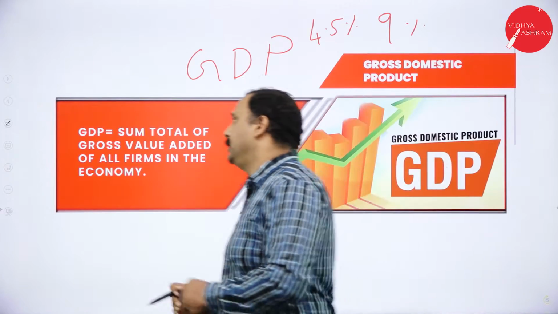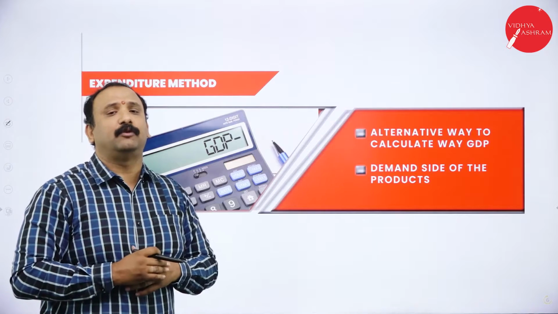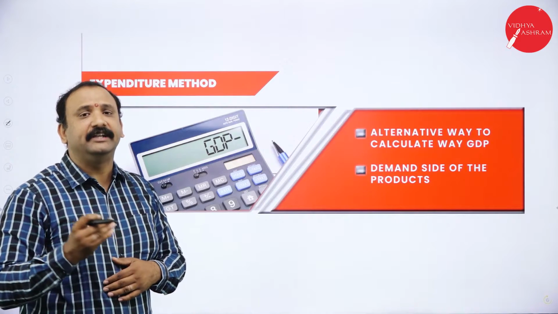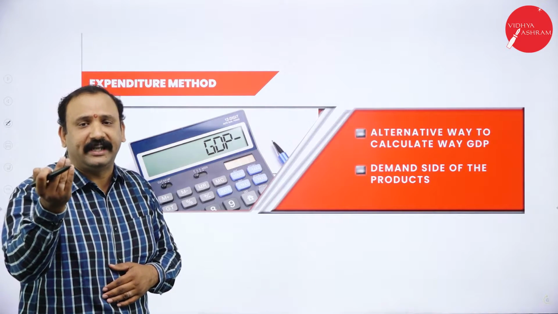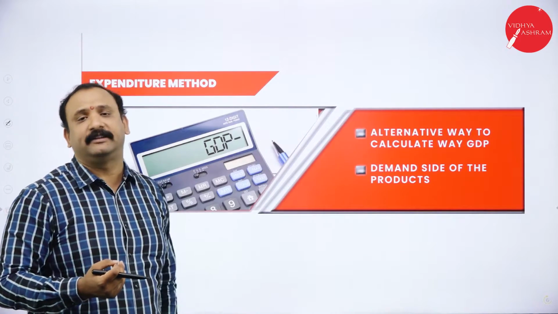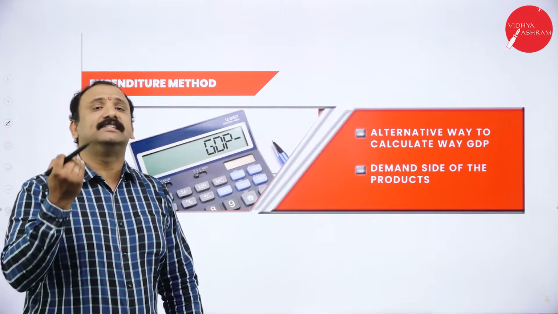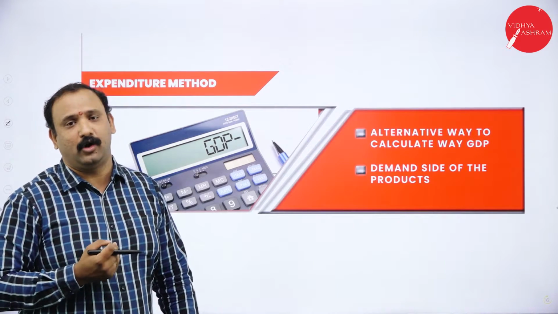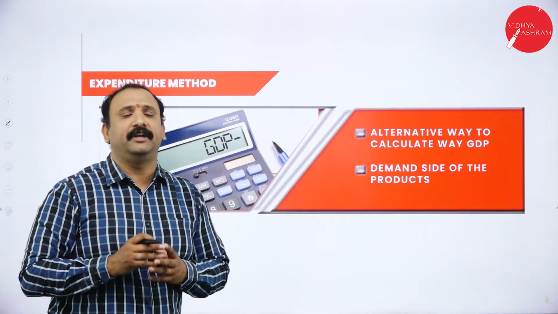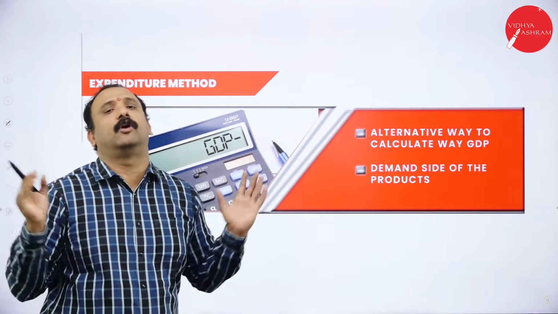So moving forward, expenditure method. Now this is the second method that we are going to use in terms of calculating the GDP. So that's why I say it's an alternative method or a way to calculate GDP. Now what is this expenditure method all about? For any country in this world, expenditure is something that cannot be forgotten.